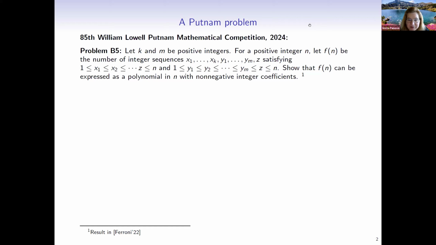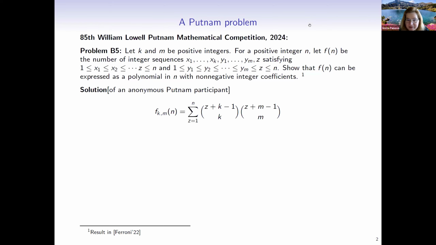In particular, if you actually want to enumerate this, I'm going to show you a solution from an anonymous Putnam participant, which was better than anything we actually had. So this f_{k,m}, you can enumerate by listing the possible values that z can have, and for each one of them, the x's and the y's are these two binomial coefficients. Okay, so you have this sum.